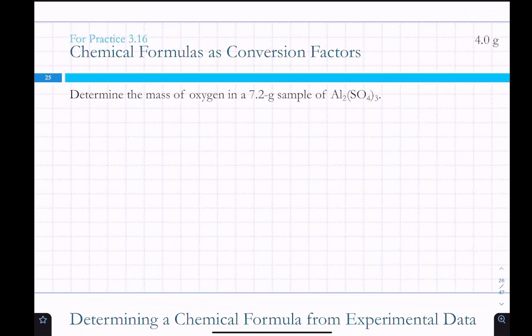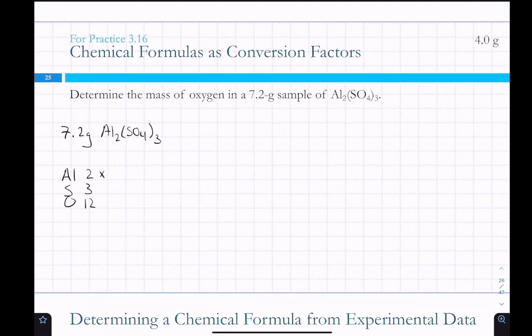So how do you determine the mass of oxygen in a 7.2 gram sample of aluminum sulfate? This one actually solves very similar to the ones we've already done. The key thing here is to find the mass percent of oxygen in this aluminum sulfate. So aluminum, sulfur, 2 aluminum, 3 sulfur, 12 oxygen.